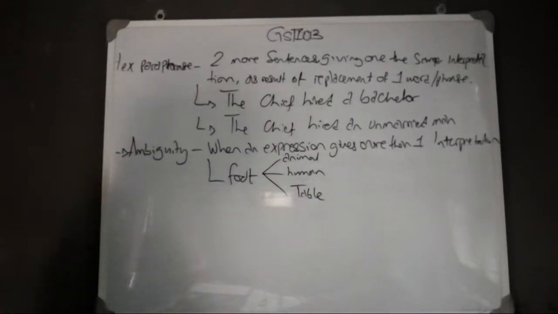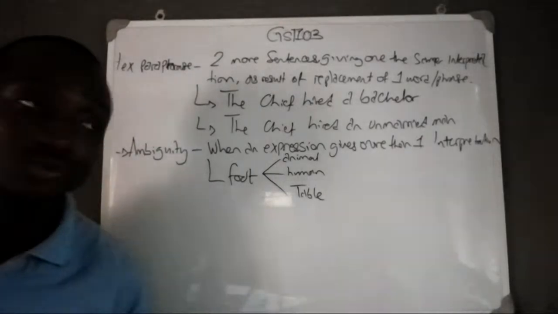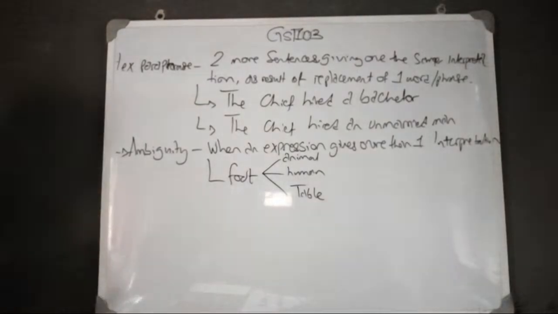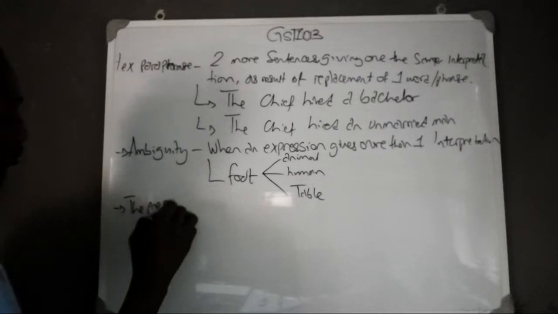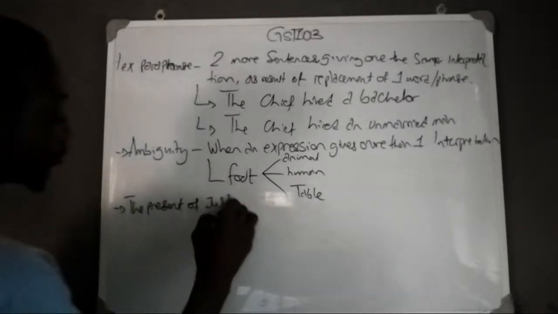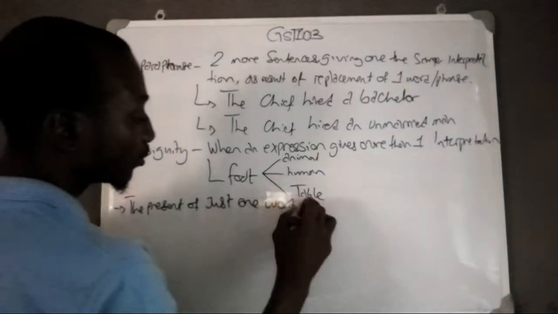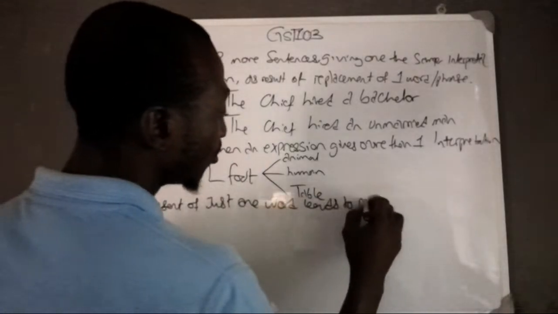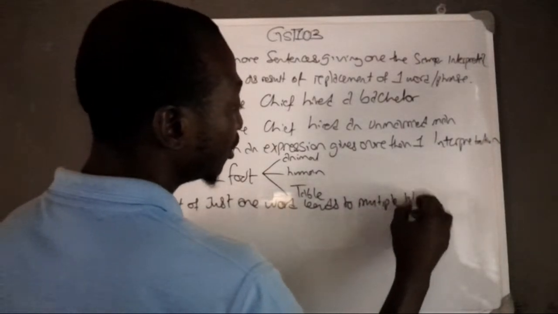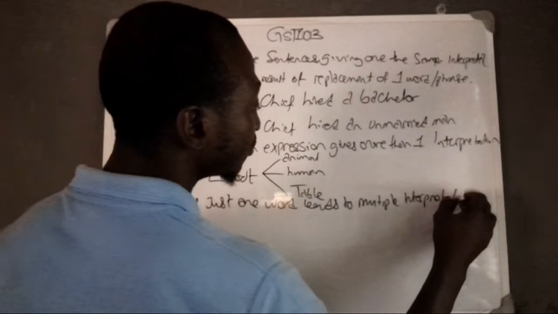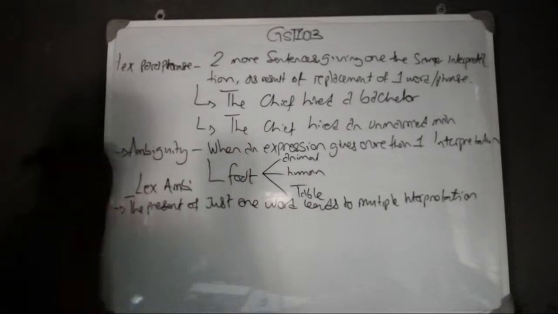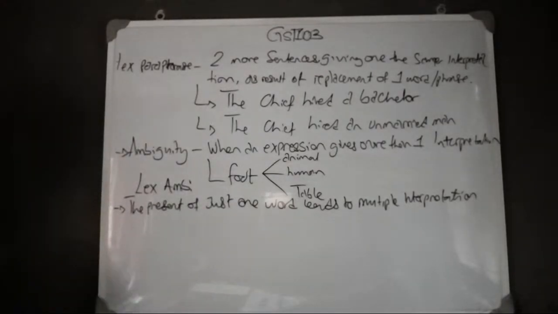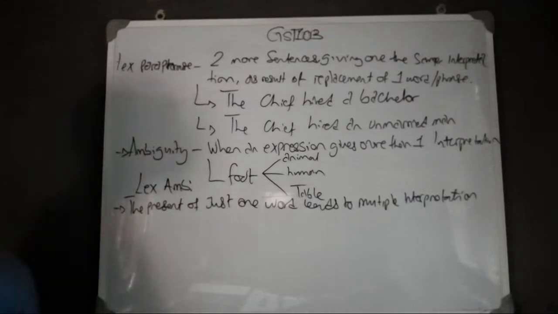Lexical ambiguity occurs when the presence of just one specific word leads to multiple interpretations. When just one word leads to the interpretation of many words.